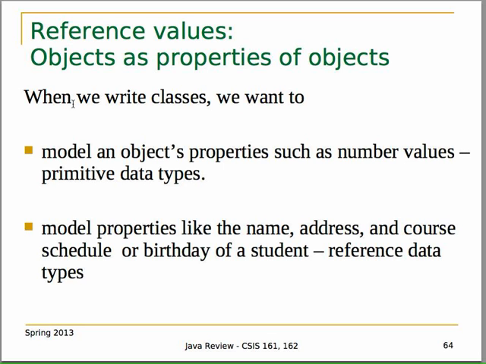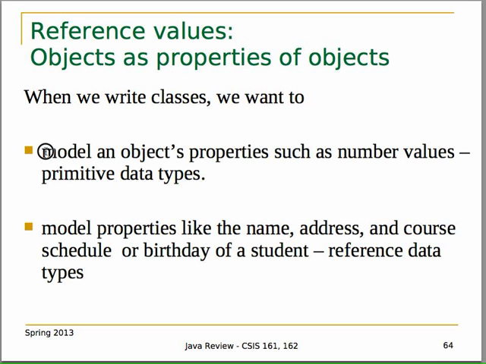So when we write classes, we want to somehow model an object's properties. So for example, person. Person should have a name. Those are the properties of a person, a name, maybe a photograph if you have a graphical user interface, and then an ID, let's say, or address, or date of birth, things like that.